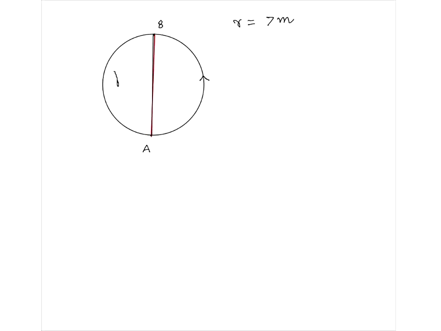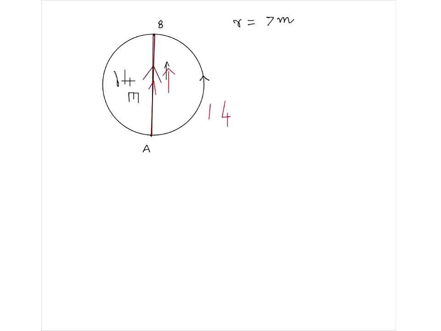Direction. So that arrow tells the direction, and 14 meter it should be. 14 meter is the magnitude of the displacement vector. Perfect.